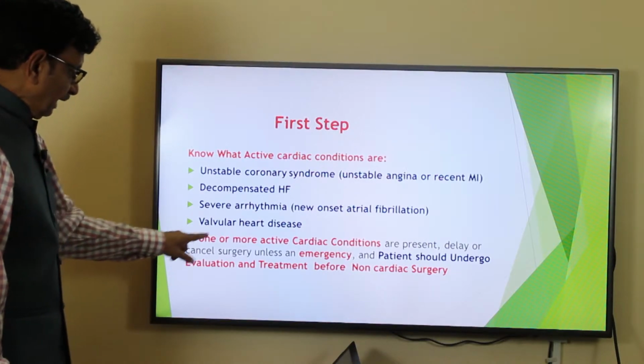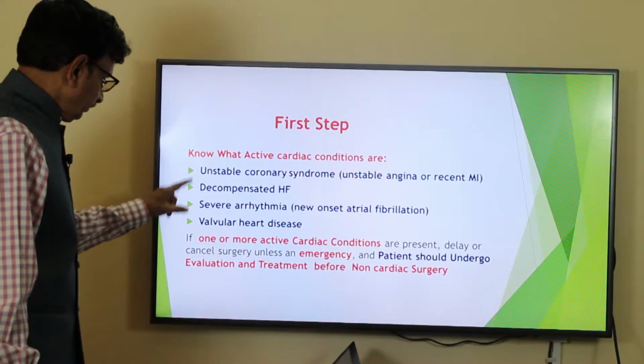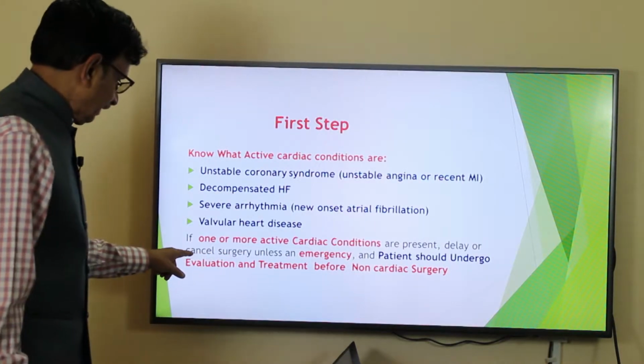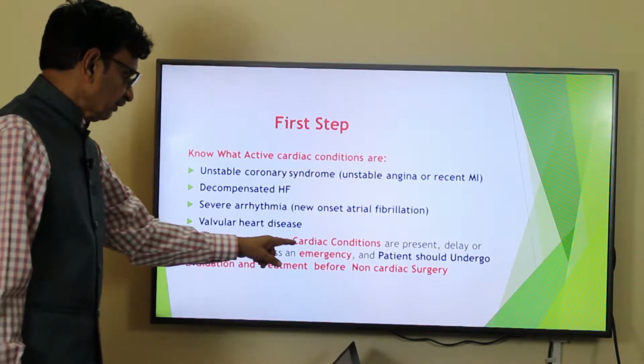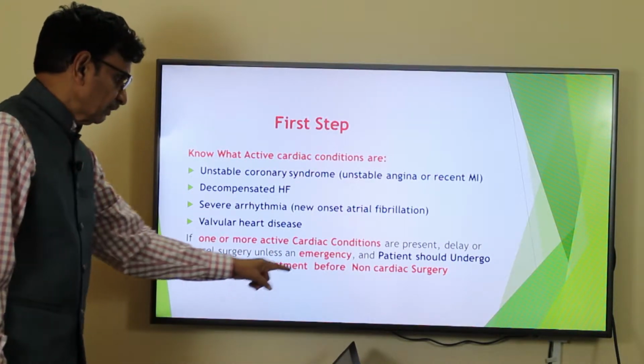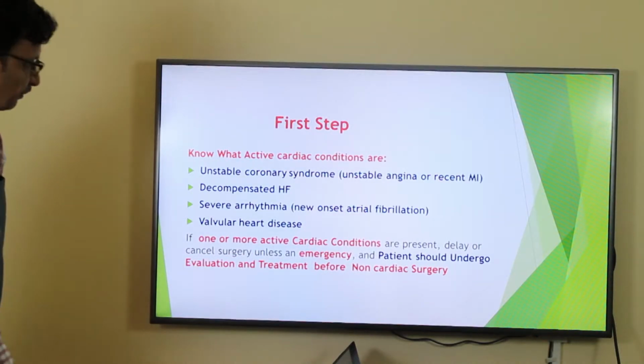If 1 or more active cardiac conditions are present, delay or cancel surgery unless it's an emergency, and the patient should undergo evaluation and treatment before the elective non-cardiac surgery.